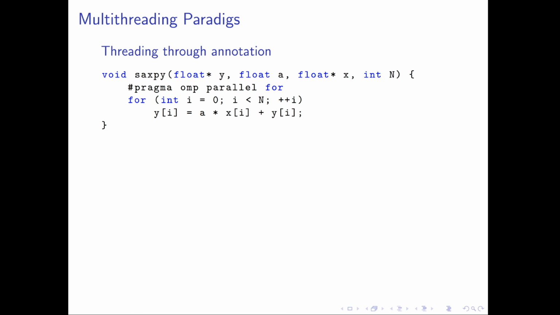The next level, so to say, of using threading with C or C++ is threading through annotation. The idea here is that I take my serial code and I port it to a threading API, and I do this through annotation. So I go through my code sequentially in my IDE or in my editor, and I just annotate my code and tell the compiler, again using pragmas, which are hints to the compiler.